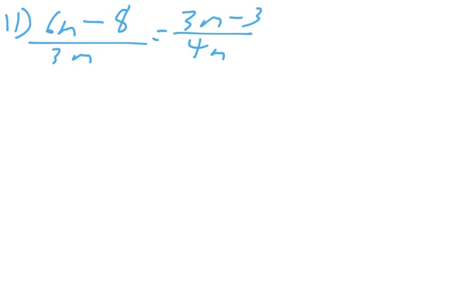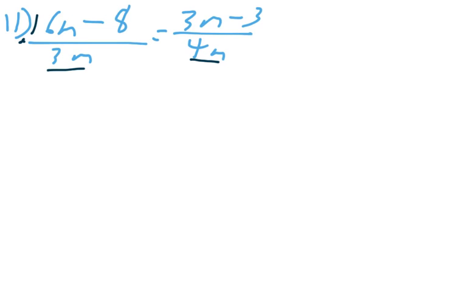Alright. In class, I showed you how to do this using cross multiplication, and we came up with an extraneous answer. This time I'm going to do this using common denominators. So in these problems, this one has a 3 and an m over here, and this problem has a 4 and an m.